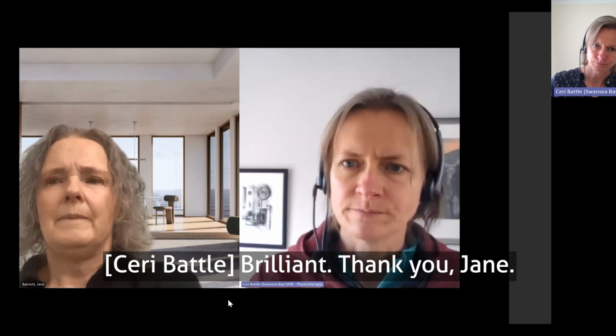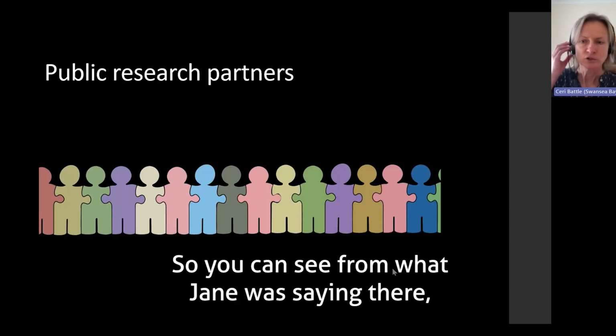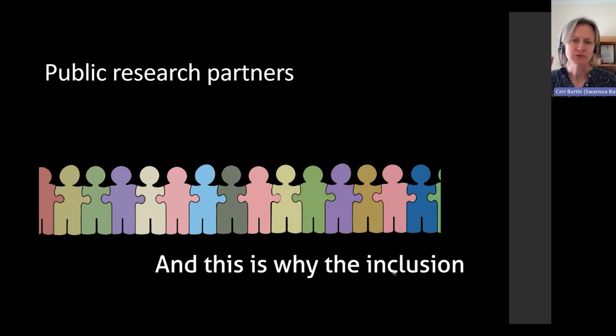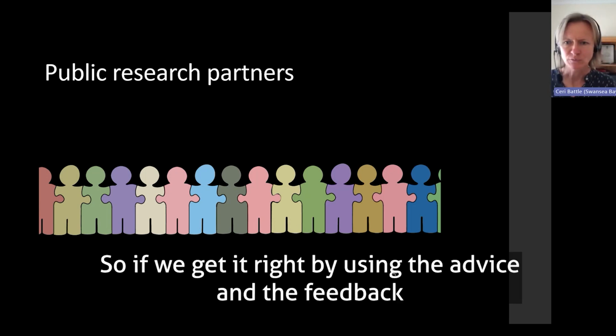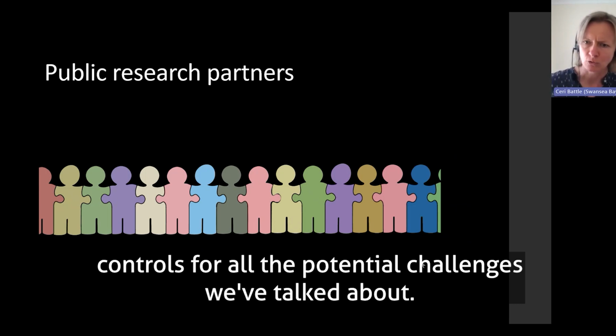Brilliant, thank you, Jane. So you can see from what Jane was saying there are things we need to consider when designing a study, and this is why the inclusion of public research partners is so important to us as researchers. If we get it right by using the advice and feedback from our research partners, we can hear from what Jane said how the design controls for all the potential challenges we've talked about.